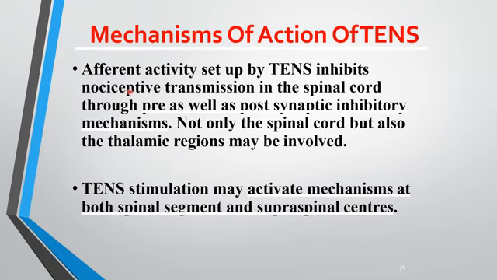So the pain pathway in the spinal cord is inhibited by pre and post synaptic inhibitory mechanisms. The gate control theory is actually a type of presynaptic inhibition. TENS also acts post-synaptically, so both pre and post-synaptic inhibitory mechanisms are involved. It activates the mechanism at both spinal and supraspinal centers.